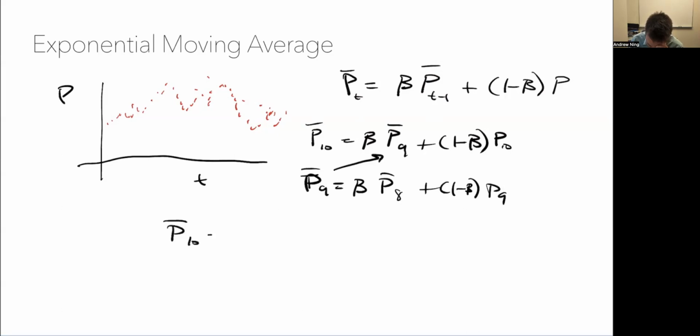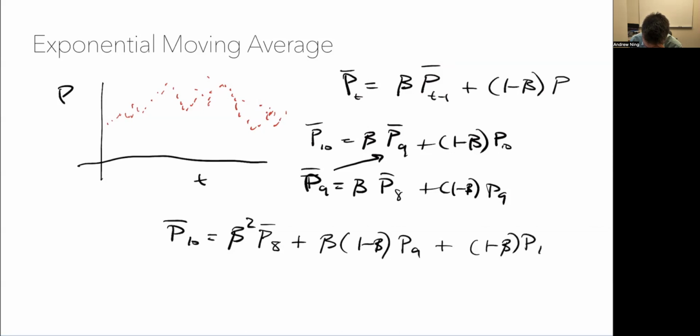And so we'd say the power at 10 is equal to beta squared times the average power at 8, plus beta times 1 minus beta times the power of 9, plus 1 minus beta times the power of 10.